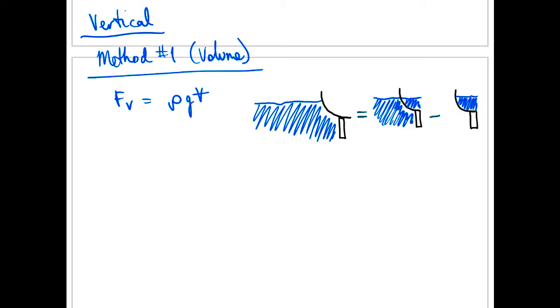So in our actual scenario with our real gate, we would have a force from the fluid. We know the pressure's acting on the bottom of this gate, so we expect an upward force like this as our vertical force. But as I mentioned, we have no fluid above this gate, so we have to think through how we can do this calculation otherwise.